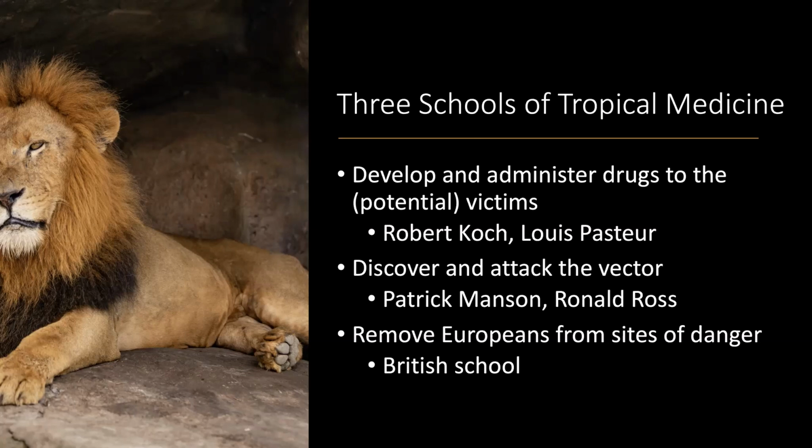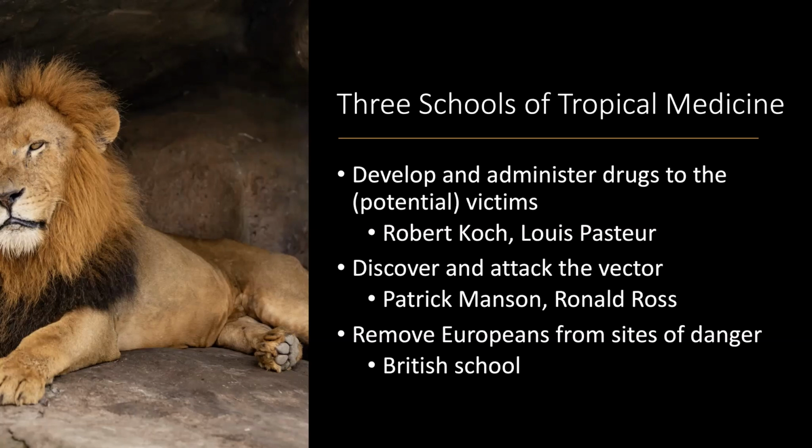Robert Koch and Louis Pasteur, of course, the fathers of germ theory, as we'll discuss in just a moment, were focused on developing and administering drugs that targeted the particular disease to the victims or potential victims. Manson and Ross were within the vector school. They said, let's control mosquitoes, make sure that we can control where they go.